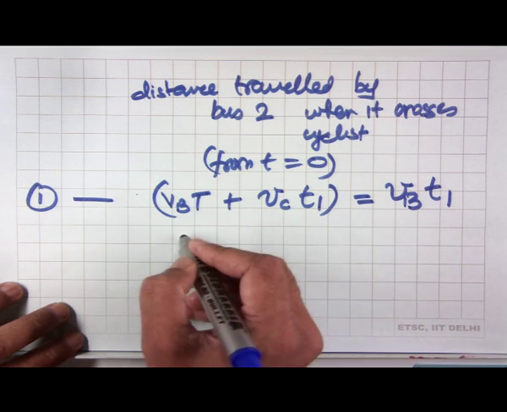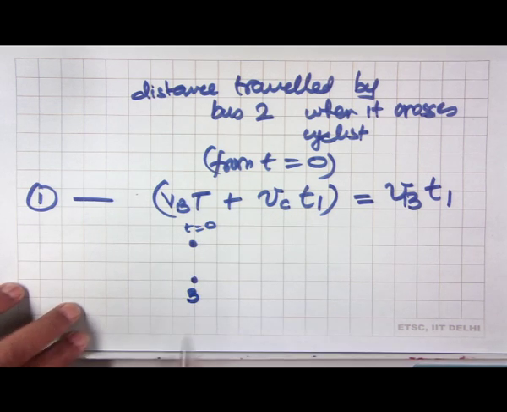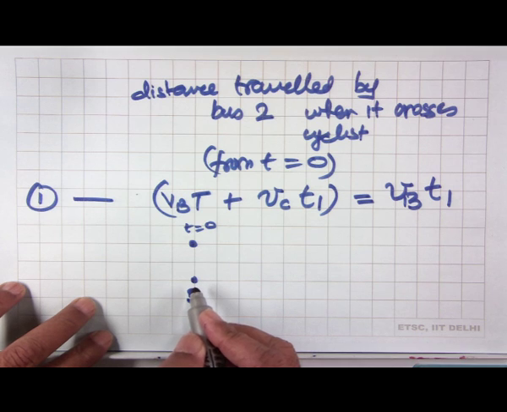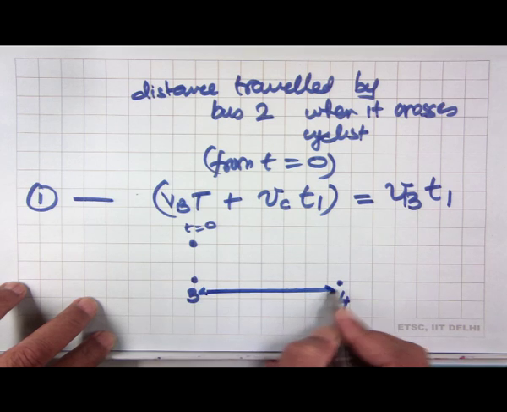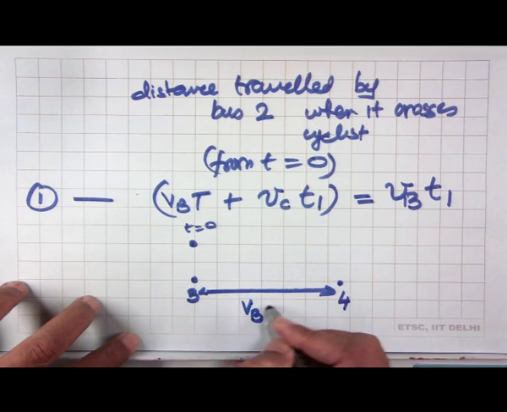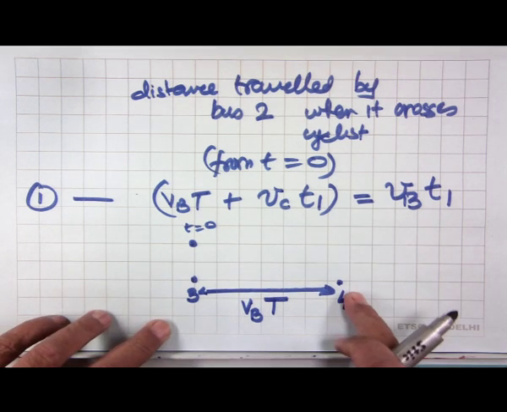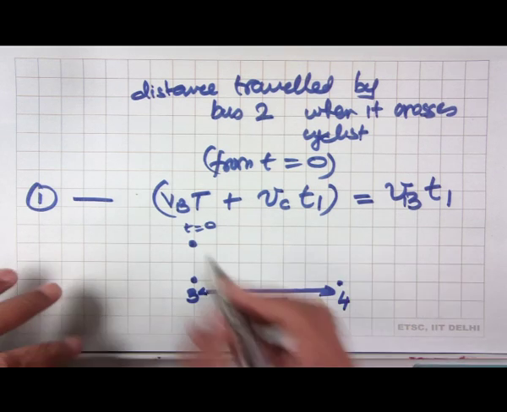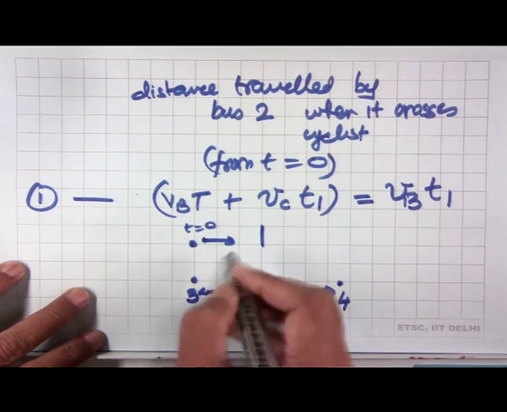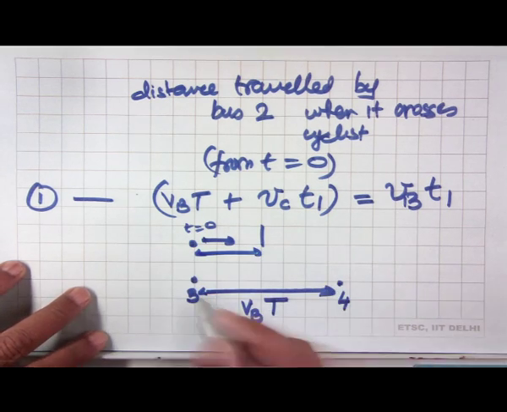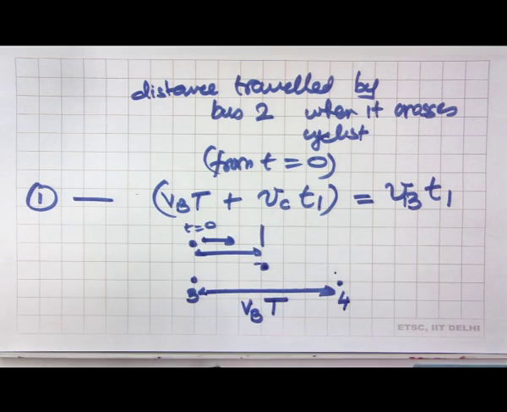So, now let us say at t equal to 0, bus number 3 has just crossed the cyclist, and there is a bus number 4. This will be at a distance of Vb times T behind bus number 3. The cyclist is moving like this. After a time t2, bus number 4 will cross the cyclist.